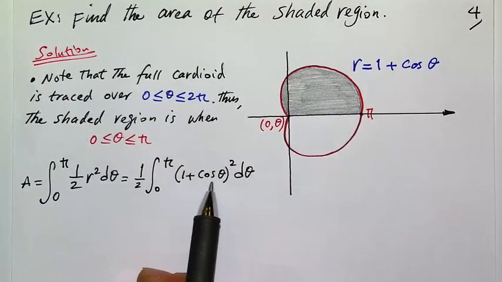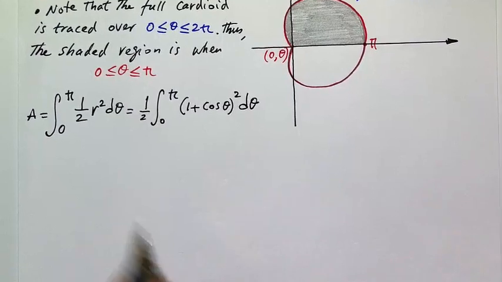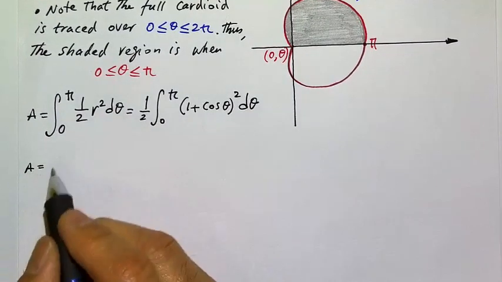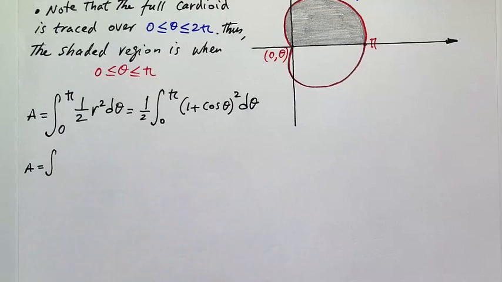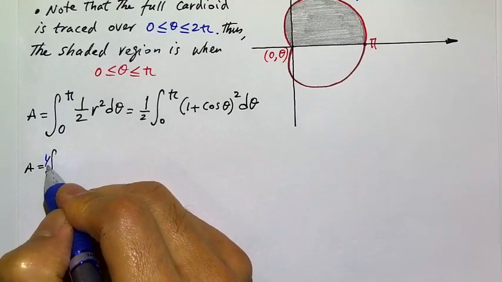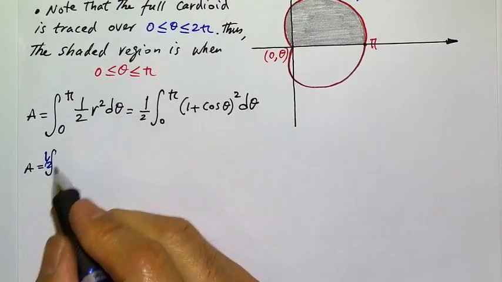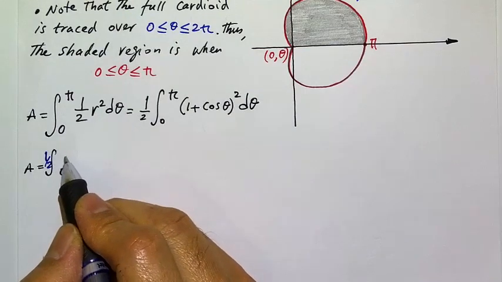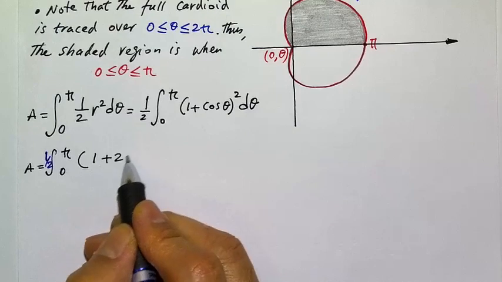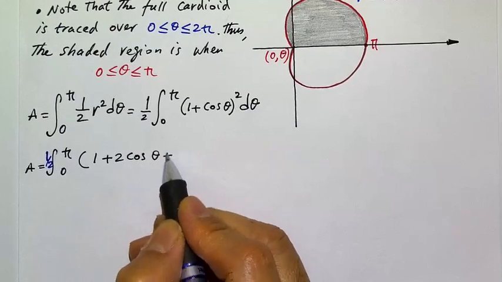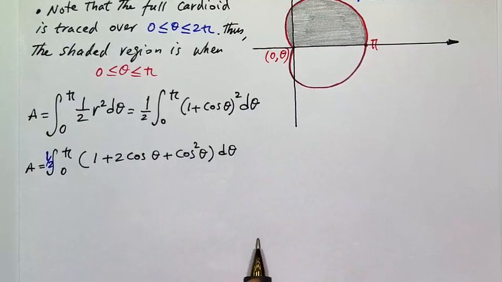So we can expand this to get a simpler expression. One half, of course, is going to be here. 1/2 times 0 to pi. Expanding that, we get 1 plus 2 cosine of theta plus cosine squared theta d theta.